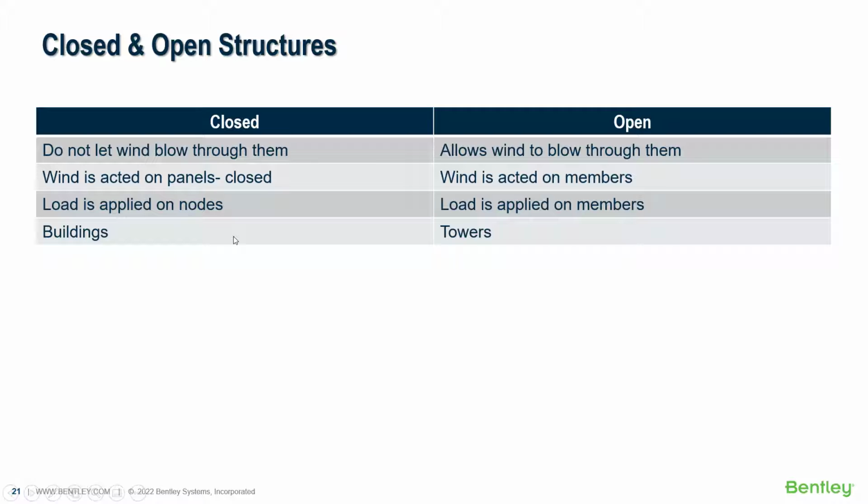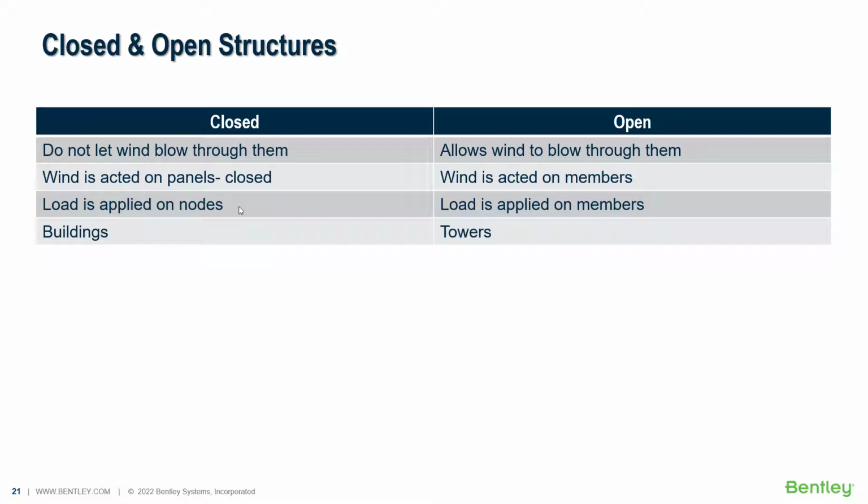So let's first discuss the difference between a closed and open structure. A closed structure is one which does not let wind blow through it. The members on the exposed face are called panels for a closed structure. An open structure is one which allows wind to blow through it. Here the wind is directly acted on the members.